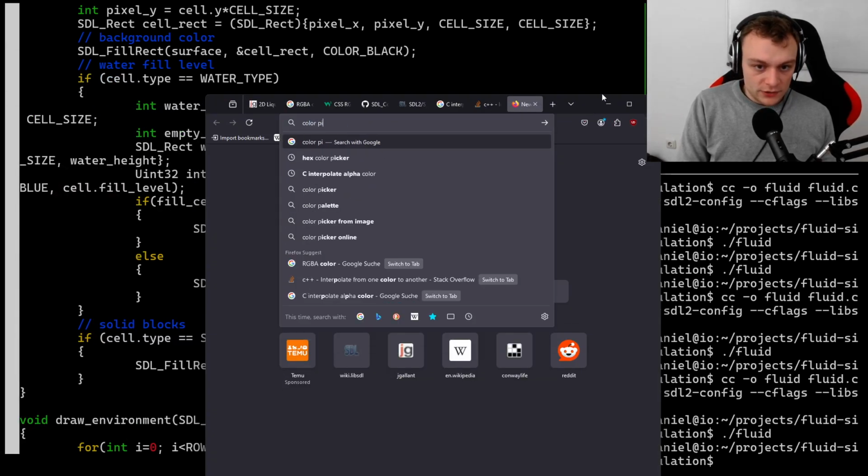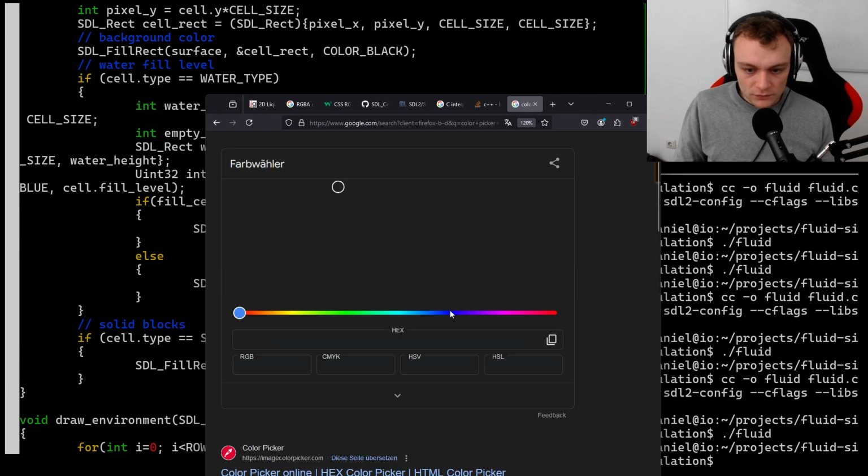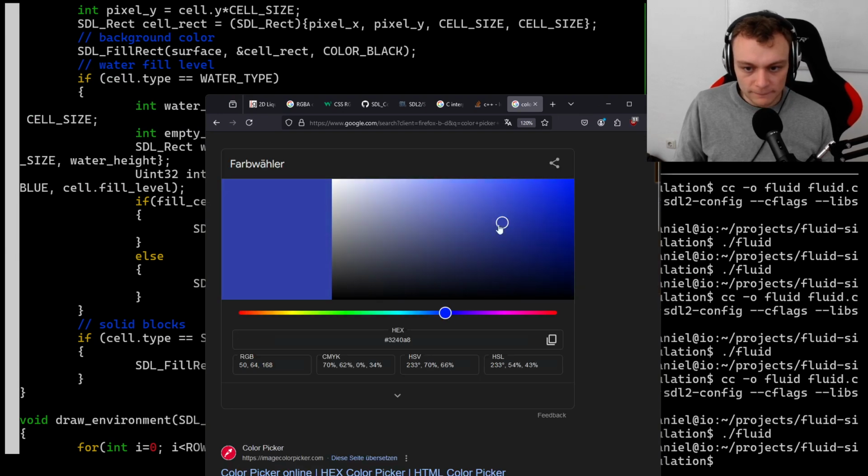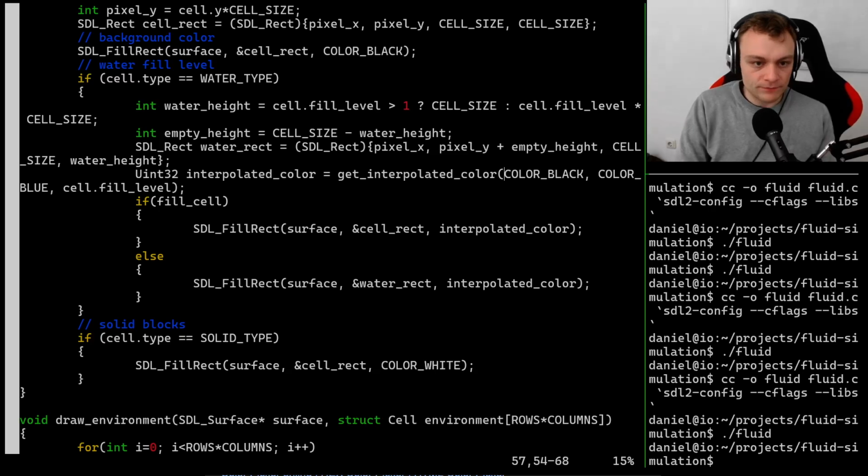Color picker hex. Let's get a blue here. For example, let's get this strong blue with a hex value of that.